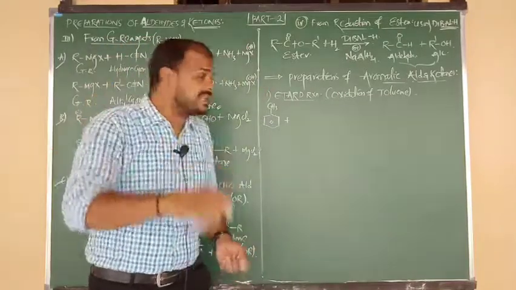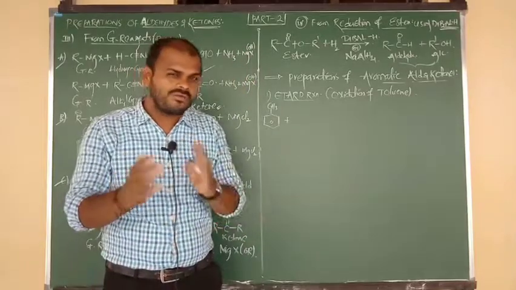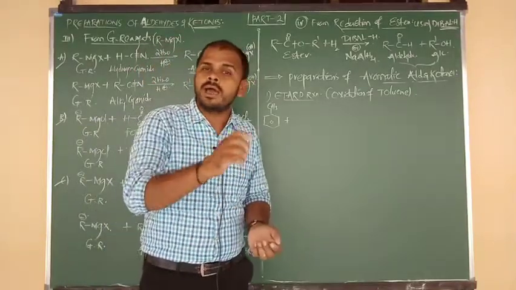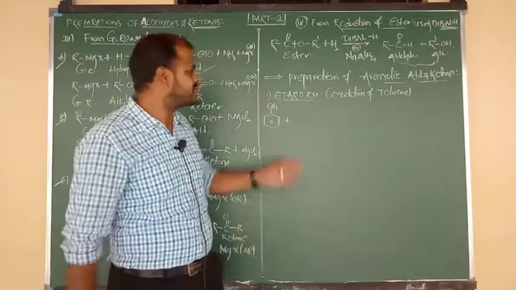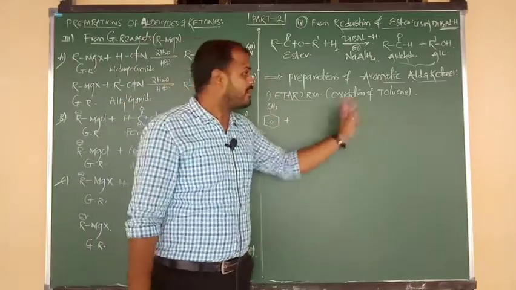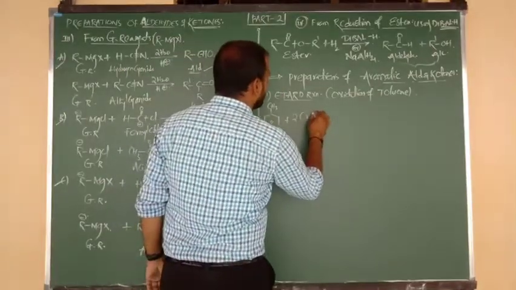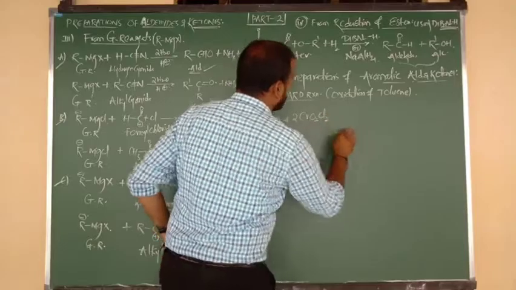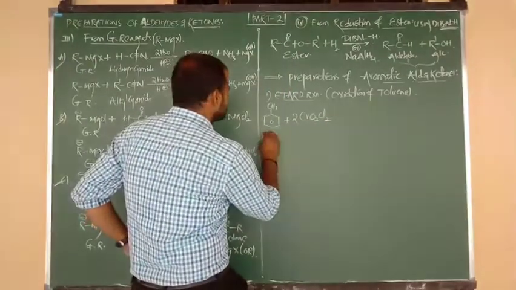What is the oxidizing agent in Etard reaction? Chromyl chloride. What is the formula of chromyl chloride? CrO2Cl2. It acts as the oxidizing agent in Etard reaction for the oxidation of toluene. Here, as per balancing, you require 2 moles of chromyl chloride, 2 moles of CrO2Cl2.